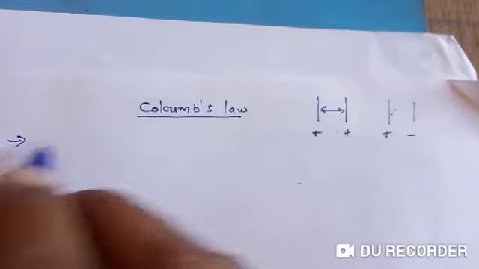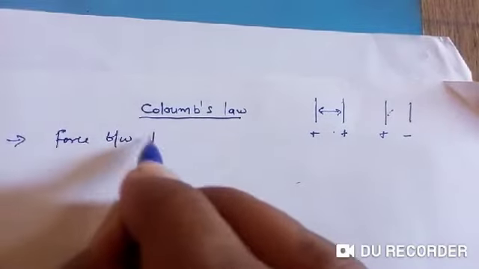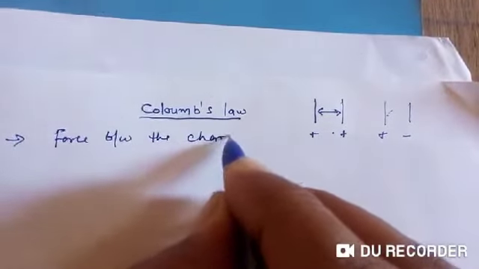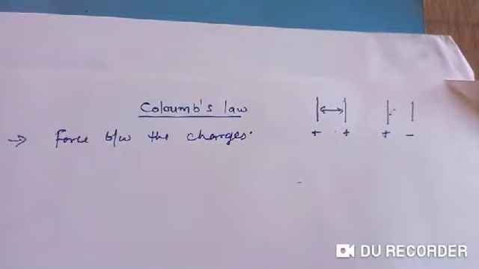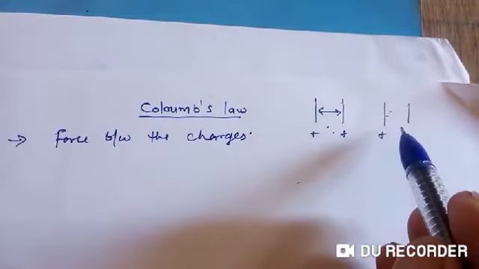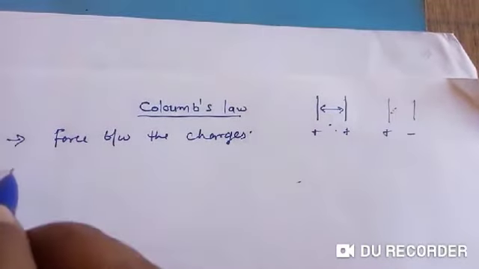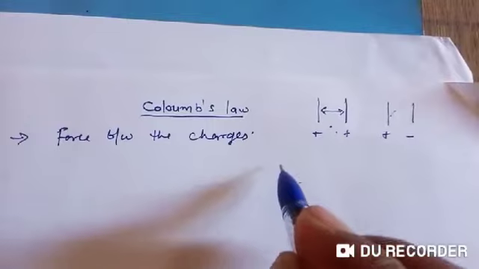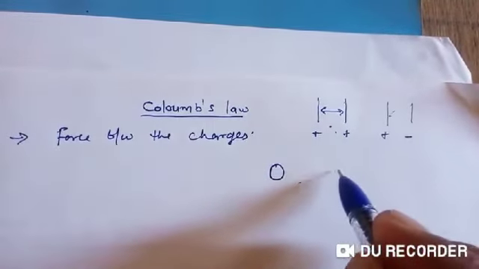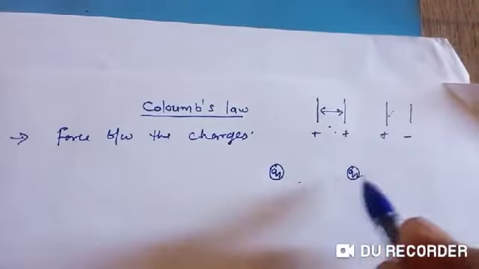That is, Coulomb's law gives the force between the charges. This force can be repulsive as well as attractive, depending upon the nature of charges. So suppose you have two charges Q1 and Q2, right?